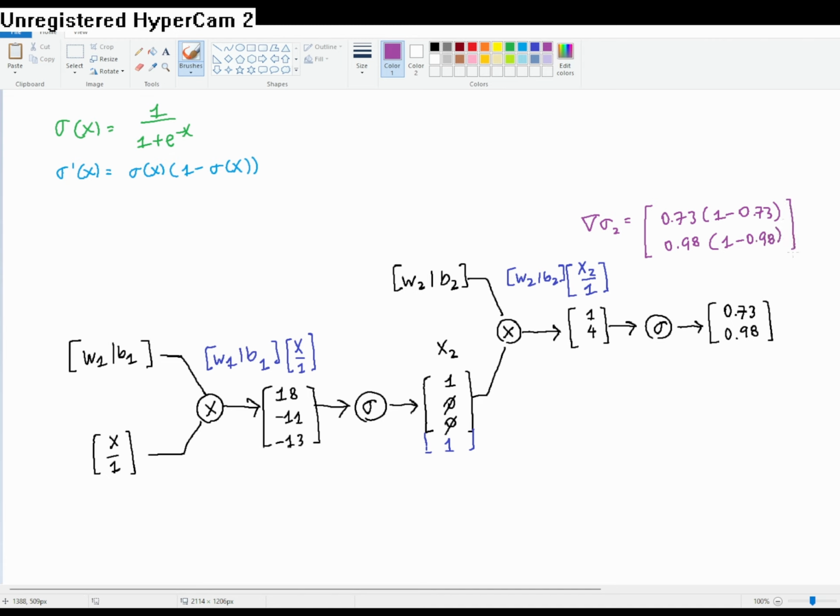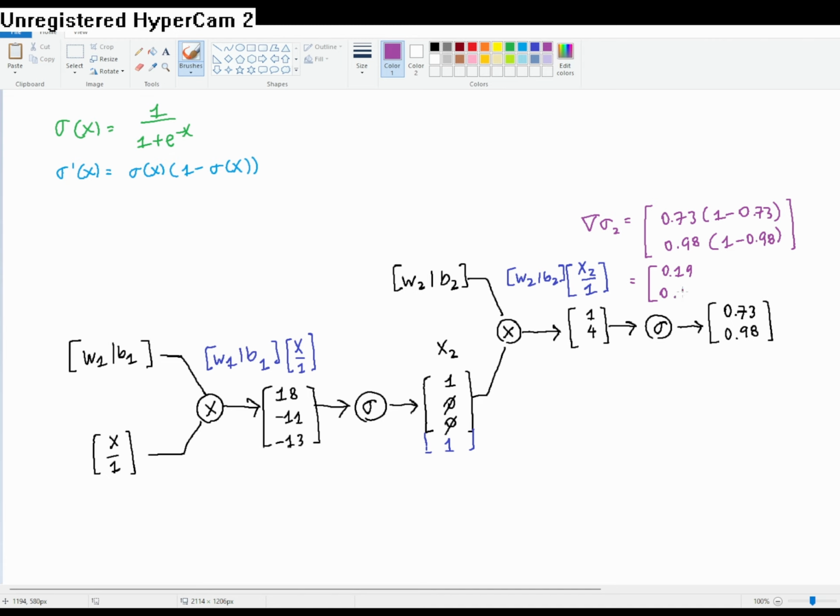This is going to get us a final resulting gradient of 0.19 and 0.02 so far. So far so good.